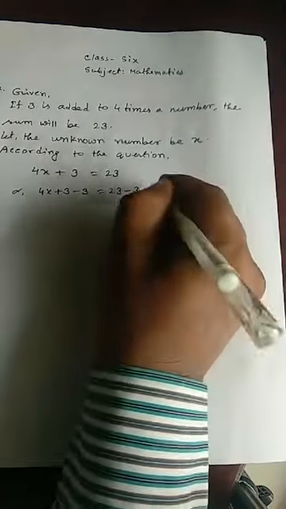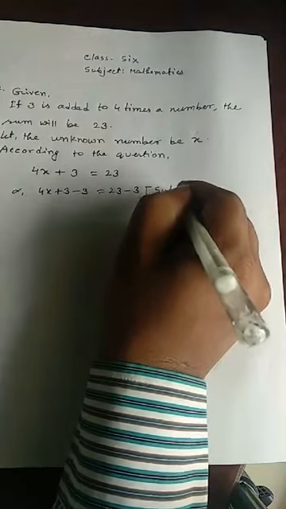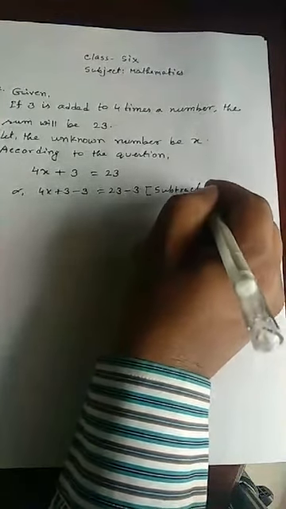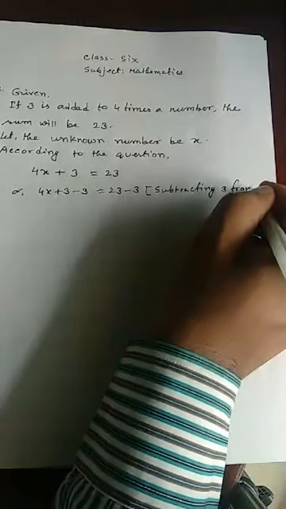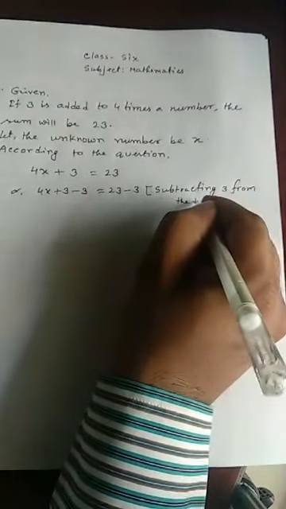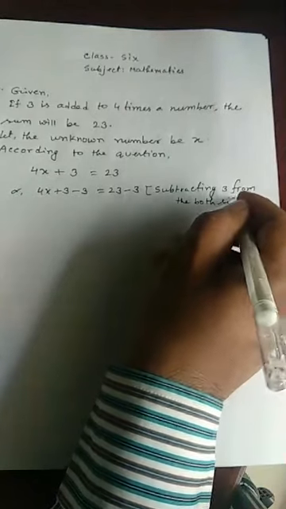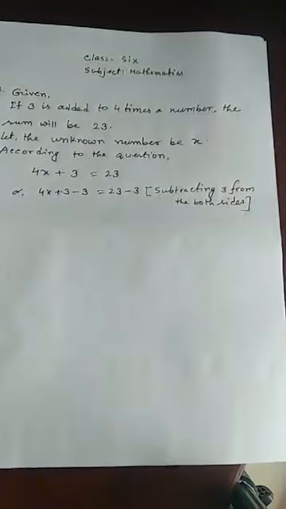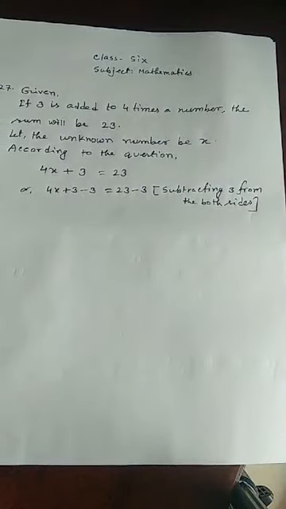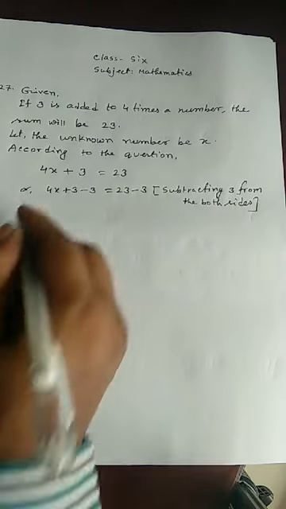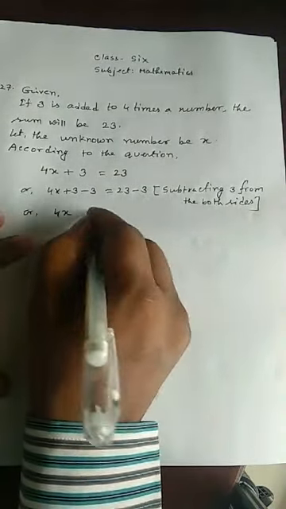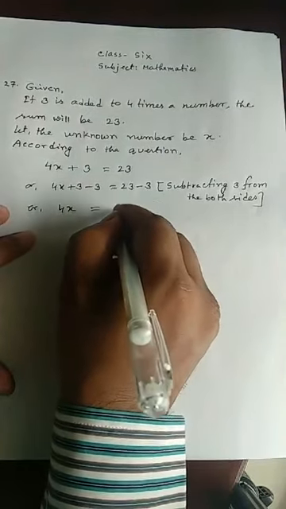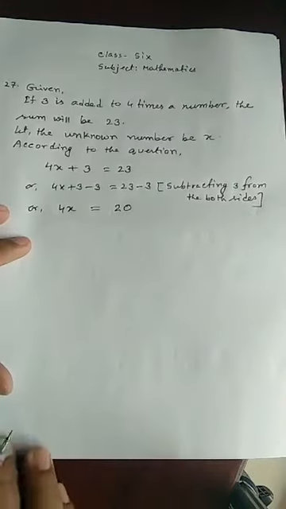Subtracting 3 from both sides. Is it clear? Or 4x equals 23 minus 3, it will be 20.